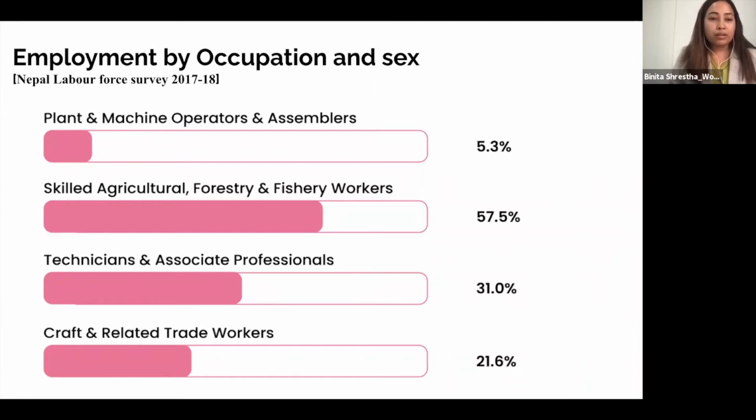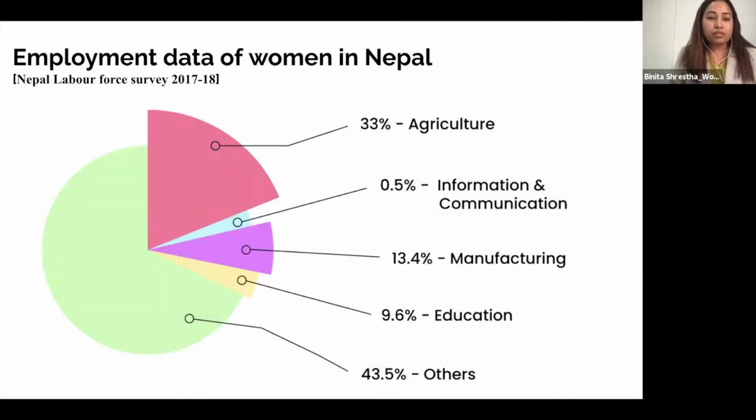So here, if we focus more on the sectoral data from employment again, Nepal being an agricultural country, the agriculture sector has the highest representation compared to ICT, manufacturing, education, and other employment sectors.